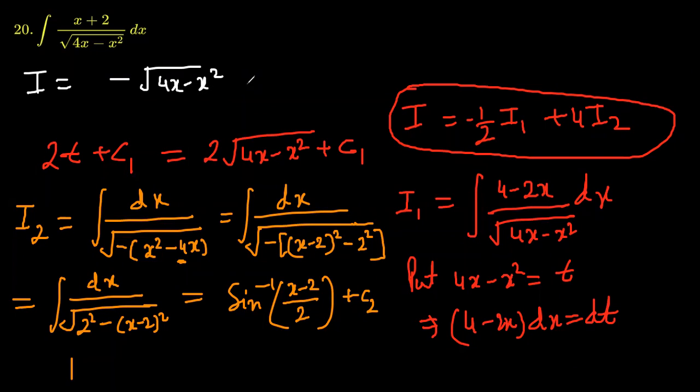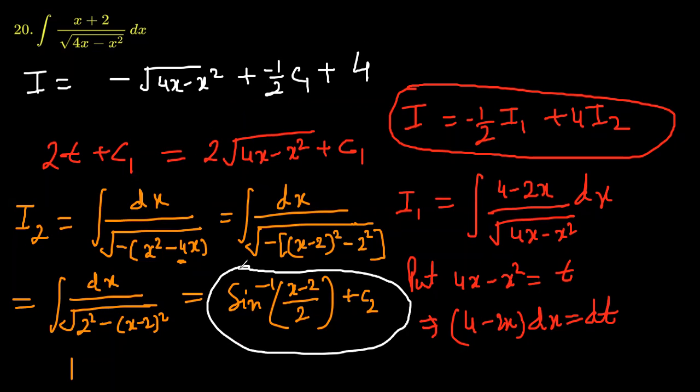Minus of this. And plus, since we multiplied our I1 by negative half, it should also be negative half C1. And plus 4 times, we are multiplying this number by 4, so 4 times sine inverse of x minus 2 by 2 plus C2, so 4 C2.